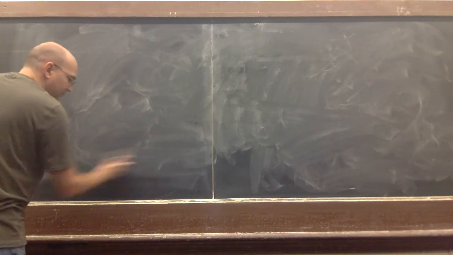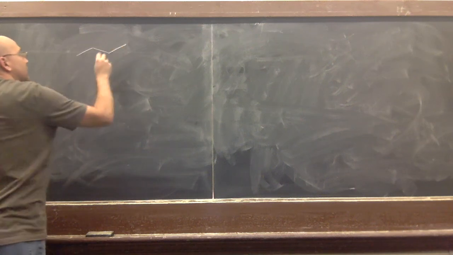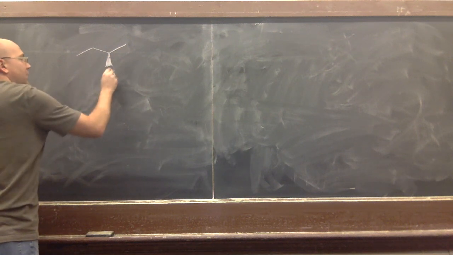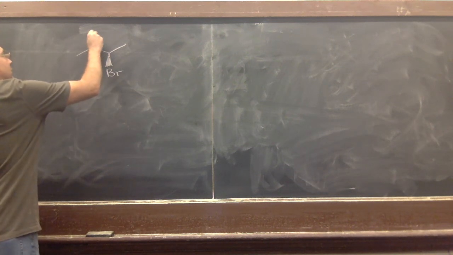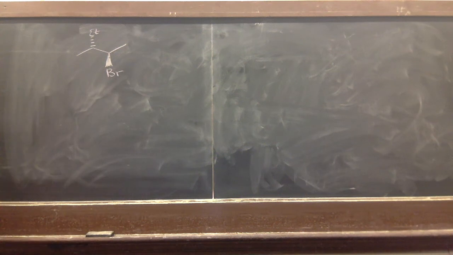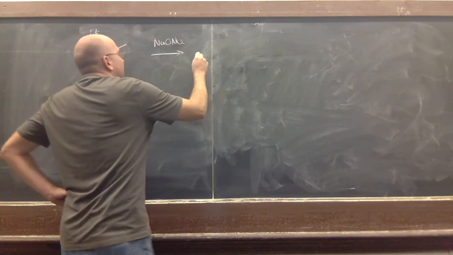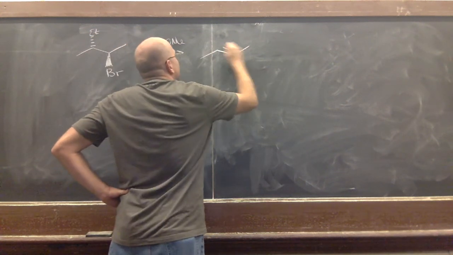if we were to have a molecule that looks something like this, say bromine, and if I were to take this molecule and do an E2 elimination, and we assume, for the sake of what we'll discuss here, that we use a small base like sodium methoxide, what we're going to get is one of two possible products.